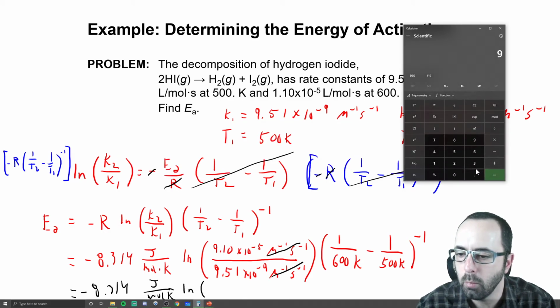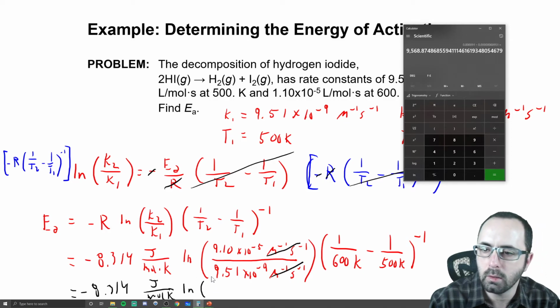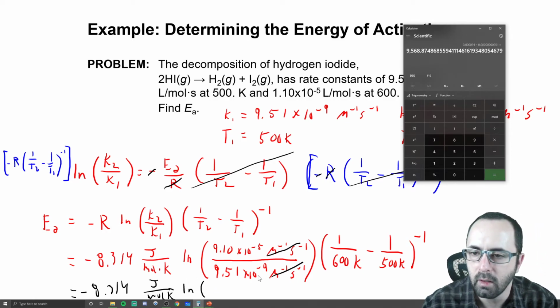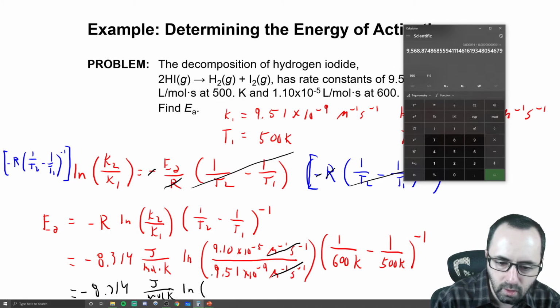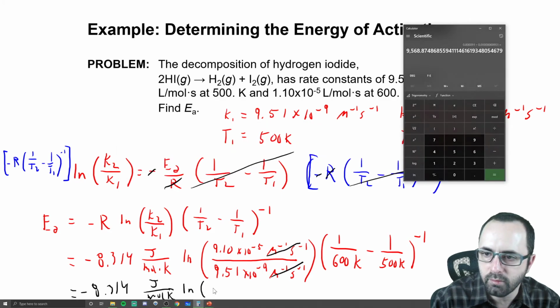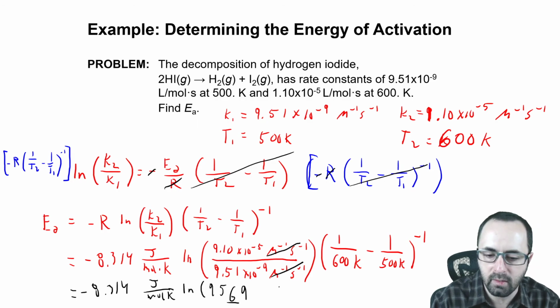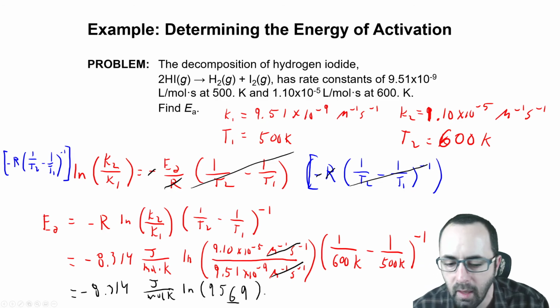So 9.1 e -5 divided by 9.51 e -9 equals, we get, and I should keep at least 3 sig figs here, so it's going to be 9569, where the 6 is the last sig fig. There are no units, the units canceled.